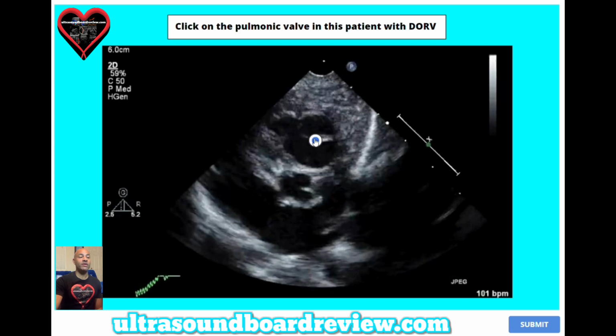This is the pulmonic valve. But what if this question was asking, click on the pulmonic valve in this patient with detransposition of the great arteries? Where would the pulmonic valve be in that scenario? If this was DTGA or dextrotransposition of the great arteries, then your pulmonic valve would be right here, and this would be your aorta. Now, not to confuse you, this is a patient with double outlet right ventricle. I'm just trying to show you different scenarios with the same image with a different question so that you will know the anatomy for certain diseases. So for double outlet right ventricle, this is the pulmonary valve, and this is the aortic valve.